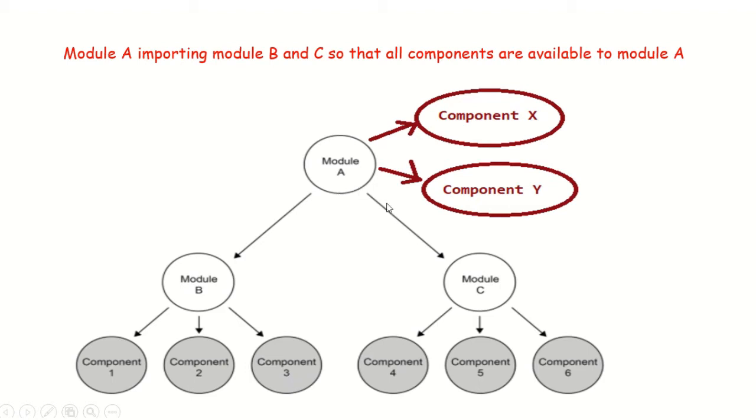Whenever it imports module C, it imports by default components 4, 5 and 6. These are the components belonging to module A itself, and these are the imported modules of module A.